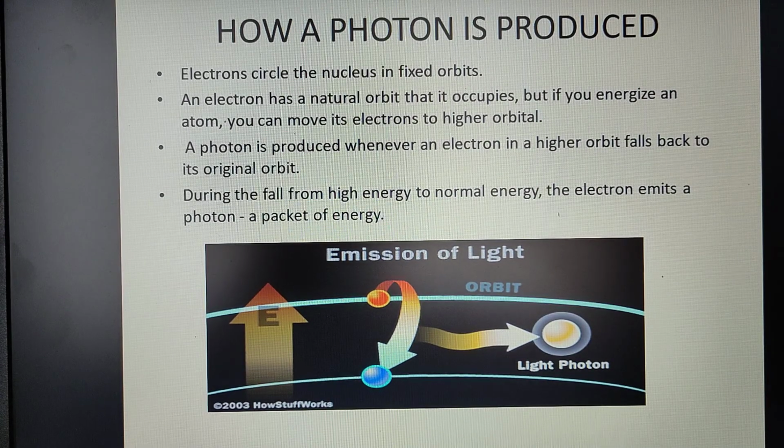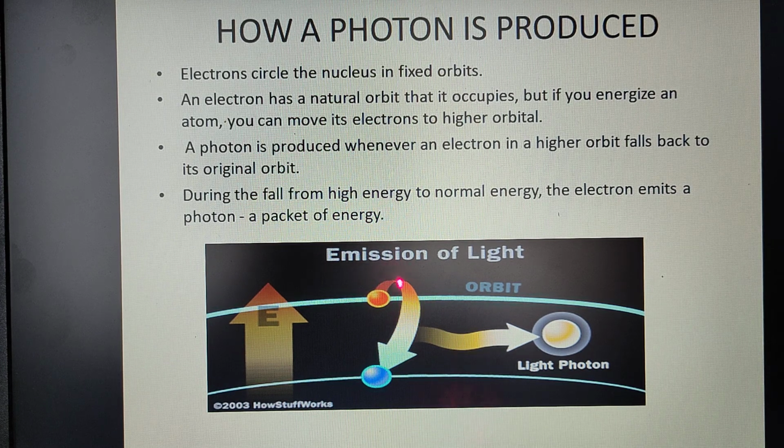Now look at this particular diagram. This is the higher orbit. This is the lower orbit. When external energy is provided, the atom's electron jumps to the next level. Now when this gets reduced, it cannot retain the energy because it's just an external energy from somewhere, not its own.